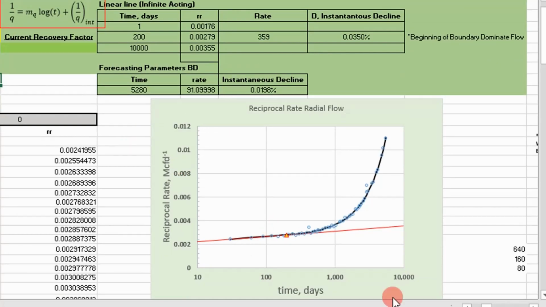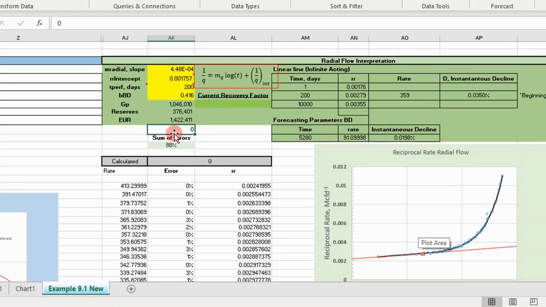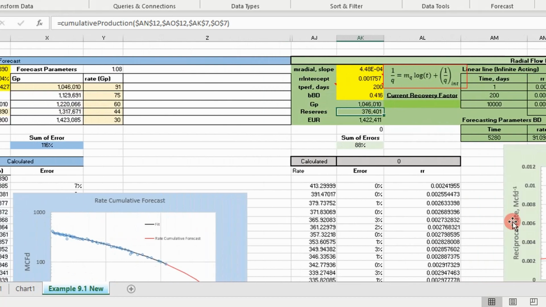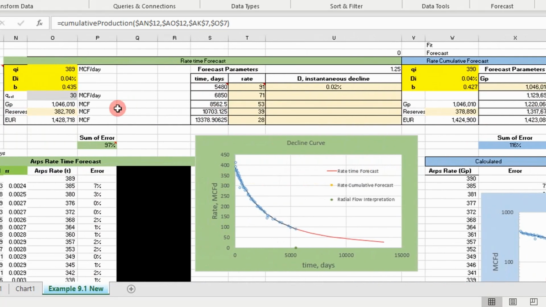And so if we compare the reserves of everything, we should anticipate that this would be less than our rate time interpretation. And so our reserves here are 376,000. Our reserves using rate time is 382,000, almost 383,000 cubic feet.